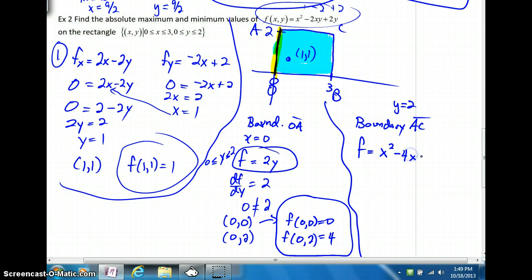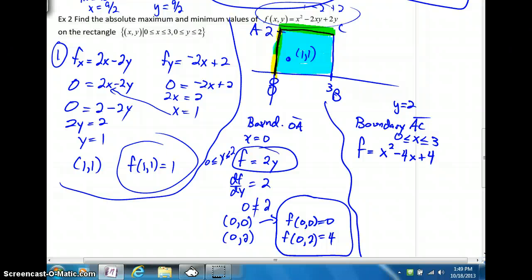I hope it's not too much of a stretch to see that when y is equal to 2, we have a parabola, x squared minus 4x plus 4. By the way, we also have x values between 0 and 3. As we're looking at AC, I hope it's pretty clear we have endpoints of 0, 2 and also 3, 2 as well.